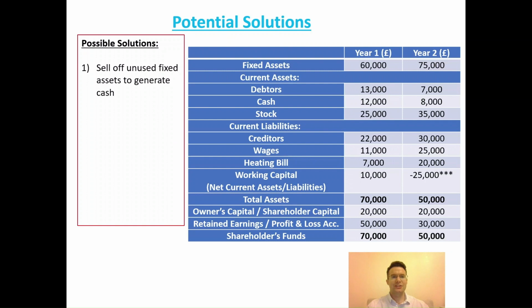The first one is to sell off unused fixed assets to generate cash. As we said earlier, the fixed assets have gone up by 25%. That could mean that some of these assets have appreciated, but it could also mean that they might have bought new fixed assets and therefore not be using older fixed assets. If they're not using them, rather than paying to store and maintain these assets, it might be worth selling them off.